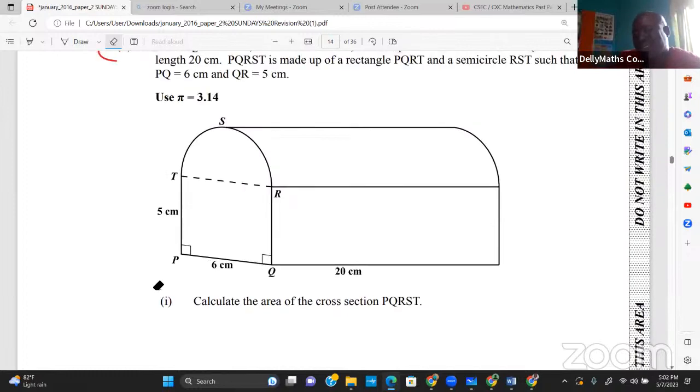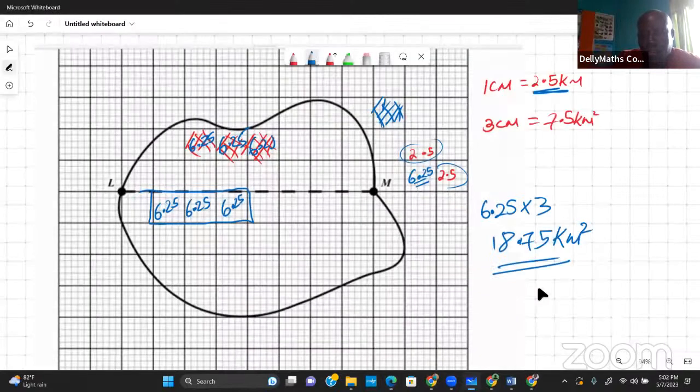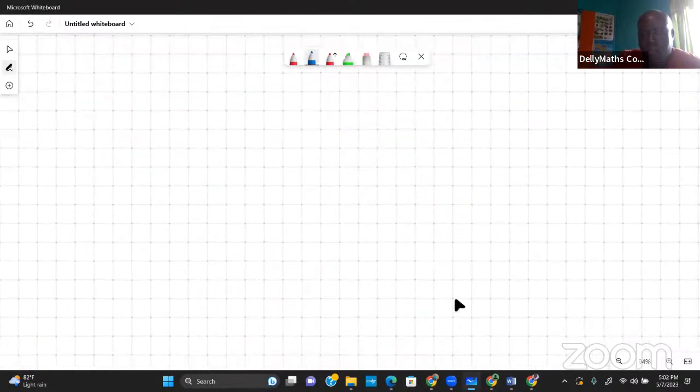The area of the cross section, I think I'm going to work it here and go back and forth.